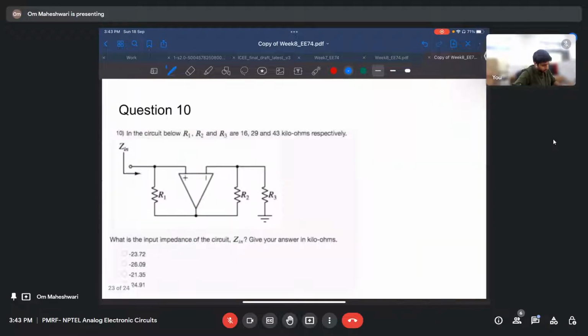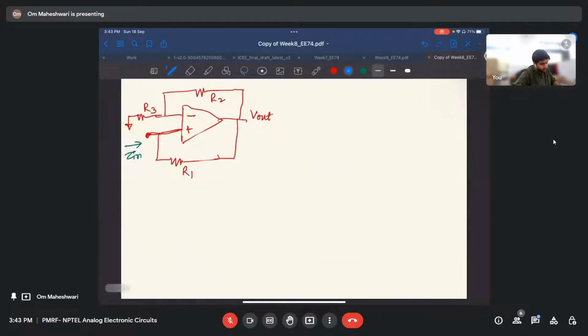So again, these two circuits are the same now. We will apply a test V here and let the current through it be I. No current will go here, it is an ideal op amp. The I current will go here. Let us first apply KCL here to find the V out.